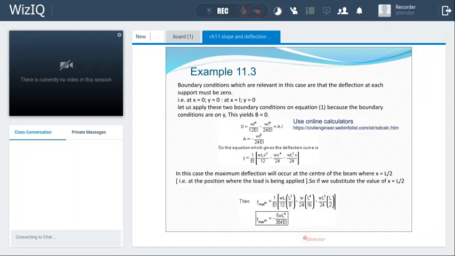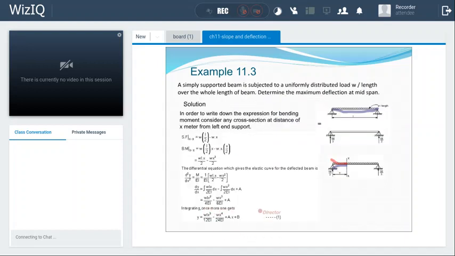Now we apply the second condition, that x is equal to L, again y is equal to 0. We substitute these values, and after substituting we get this. So here is your equation.